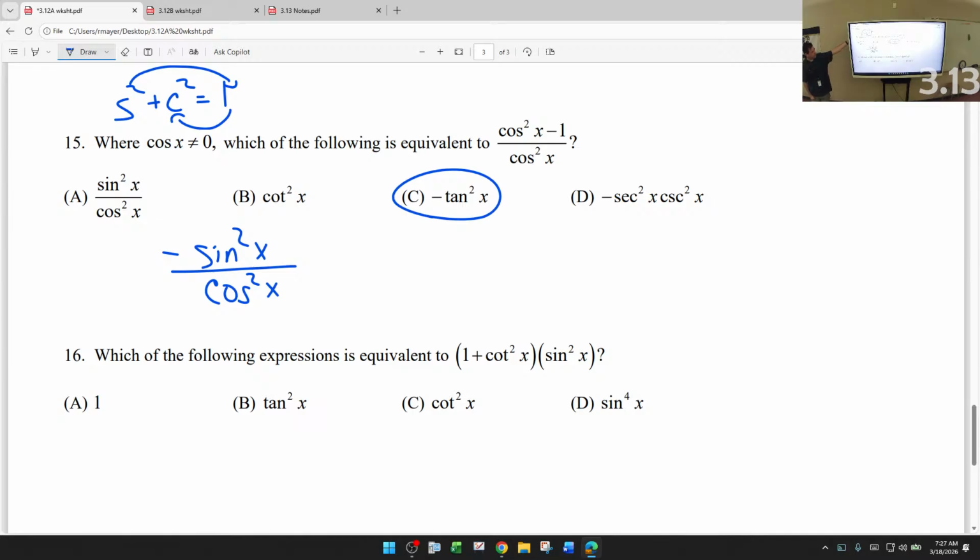Which of the following is equivalent? If it's multiple choice, only one can be correct. Okay? Anything else over 3.12? Or 3.11 if you had something, I guess.